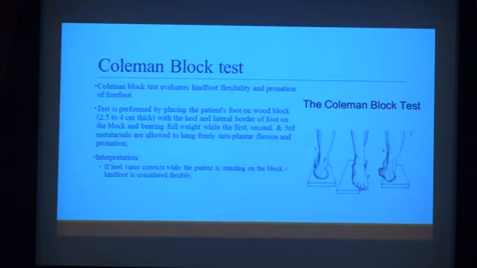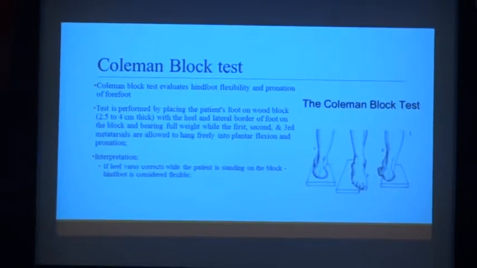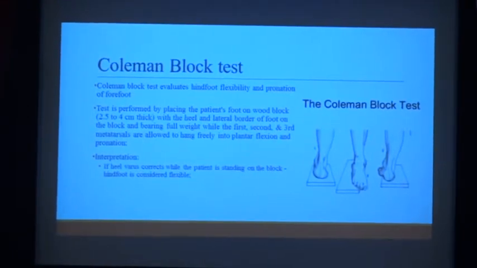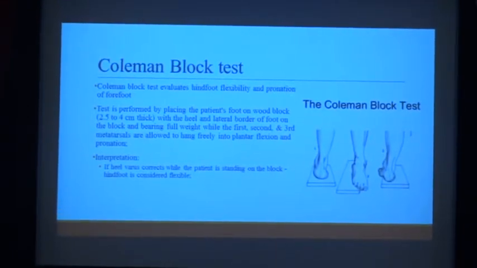Coleman block test is again to find out whether the hindfoot or the calcaneus varus is secondary to any problems in the calcaneum or the first ray.